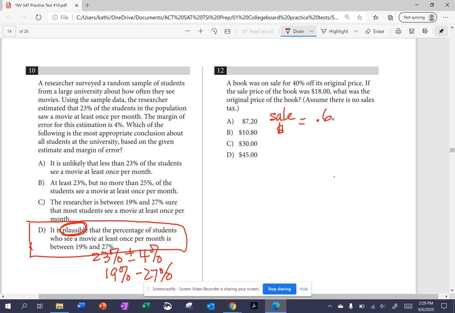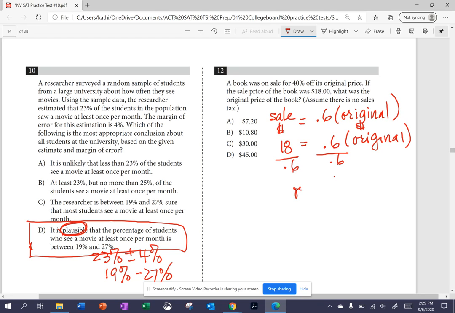I use decimals in my equation. So 0.6 times my original. So the sale I'm going to substitute in is 18 equals 0.6 times the original. So I'm going to divide both sides by 0.6. And I get the original is $30.